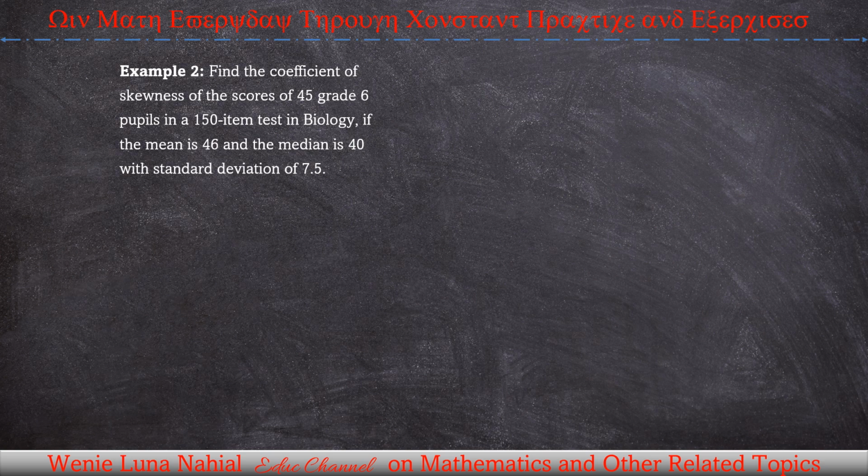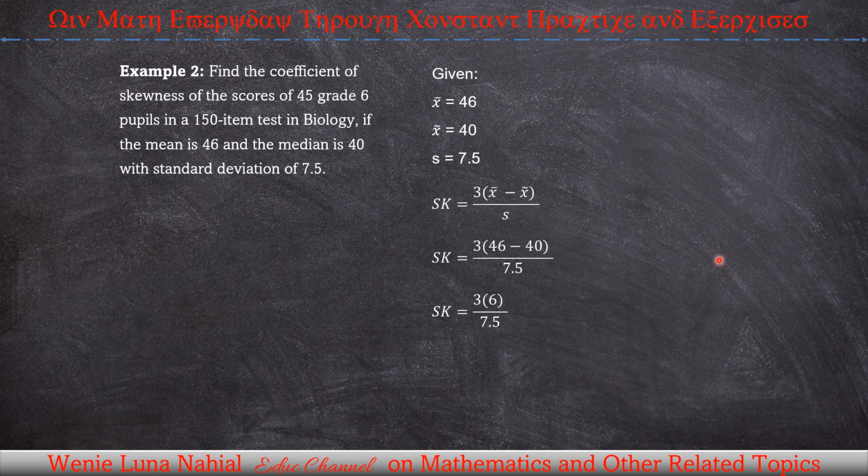Another illustration, find the coefficient of skewness of the scores of 45 grade 6 pupils in a 100 item test in biology. If the mean is 46 and the median is 40 with standard deviation of 7.5. Okay, so the same thing, we have to use the formula. So mean minus the median. So our mean is 46 minus the median, which is 40, divided by the standard deviation of 7.5.